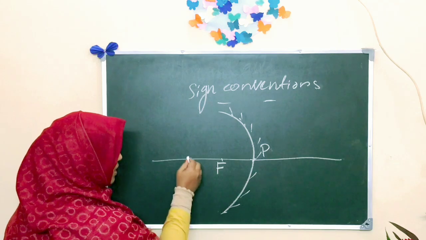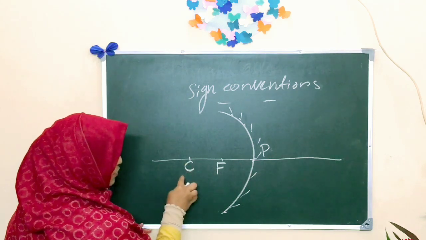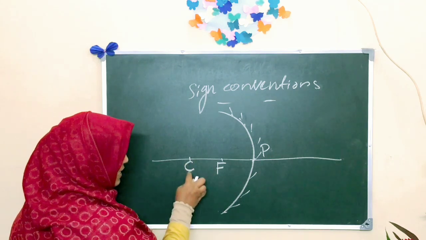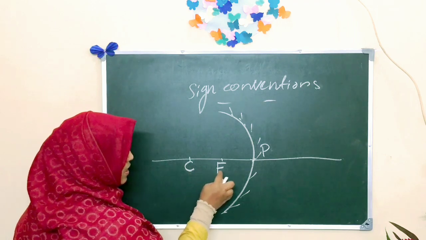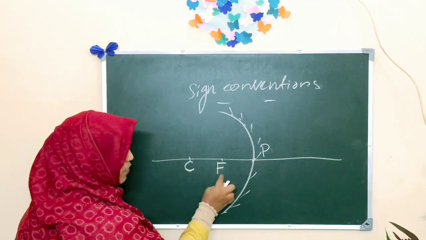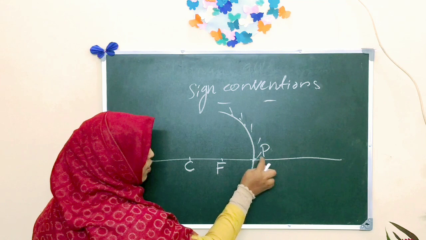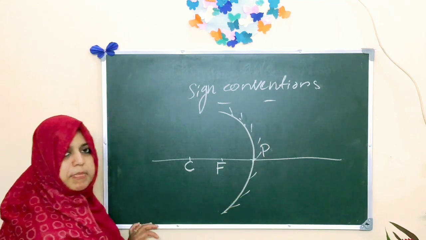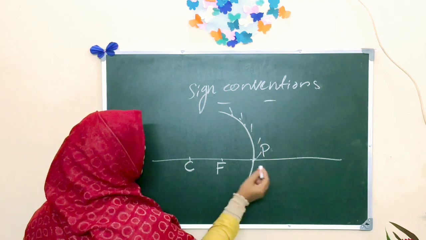Focus, principal focus, center of curvature: C denotes center of curvature, F denotes principal focus, P denotes pole of the spherical mirror.